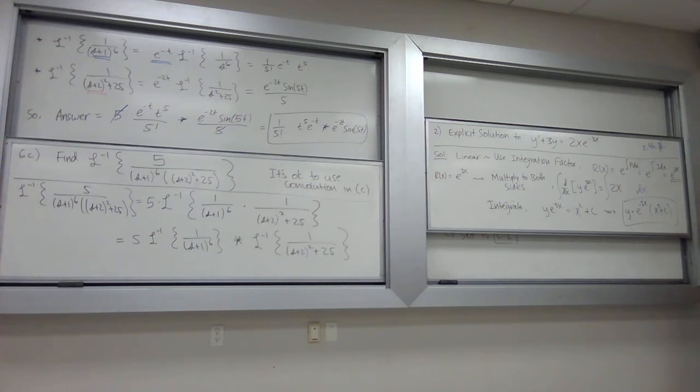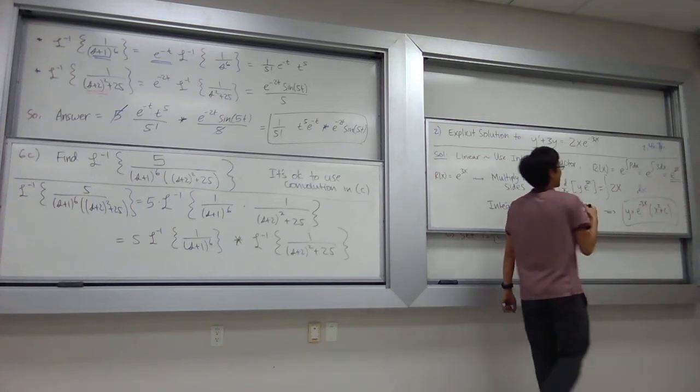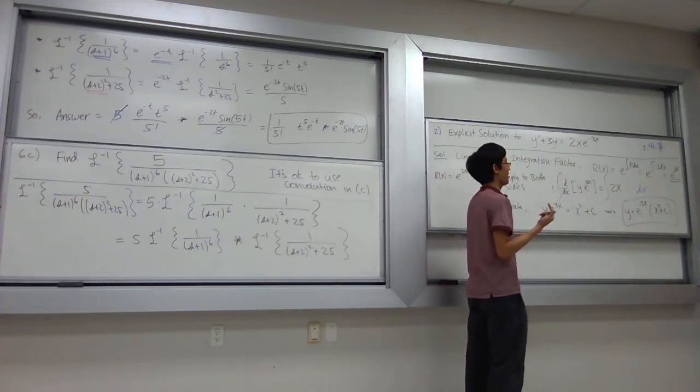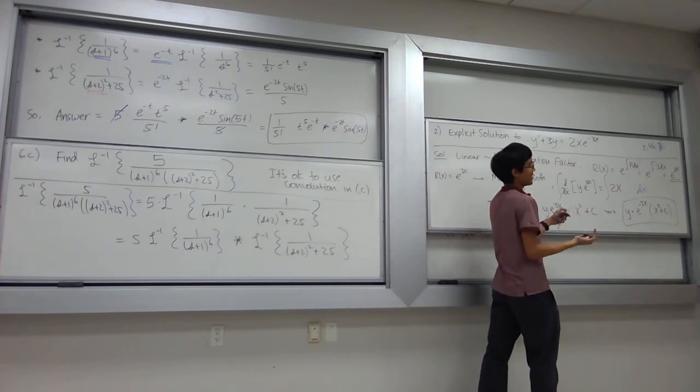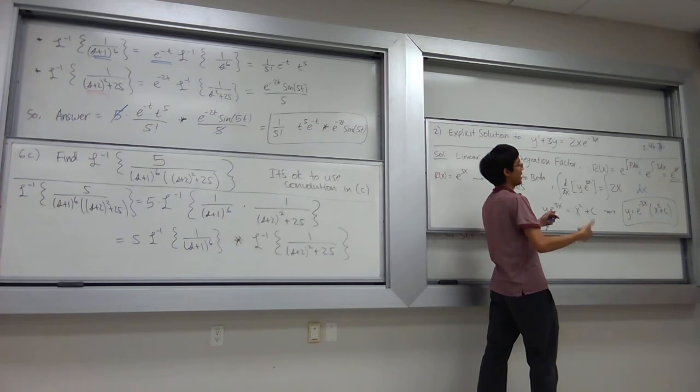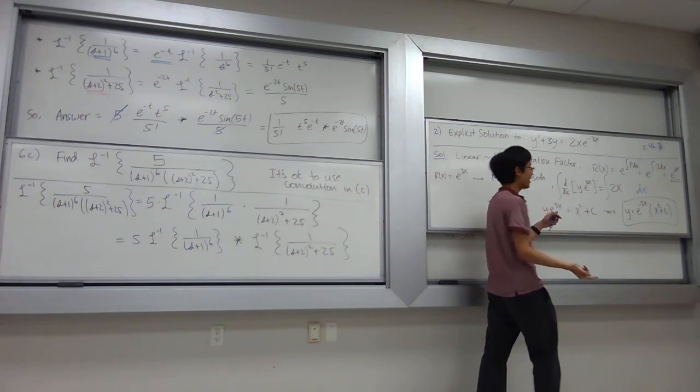Can you think of another way to do this problem? Yeah, you can do this as a second order, right? This is a chapter 2.5 type question too. So r plus 3 equals 0, yc is c e to the negative 3x.